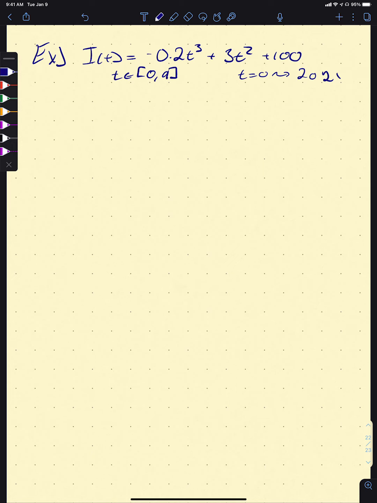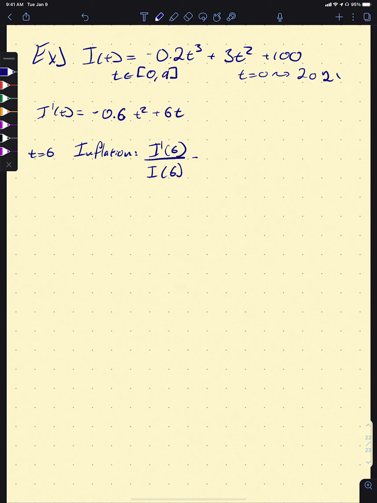We can see that I prime of t is going to be minus 0.6t squared plus 6t. And then if we're looking for t equals 6, the inflation rate is going to be I prime of 6 over I of 6.